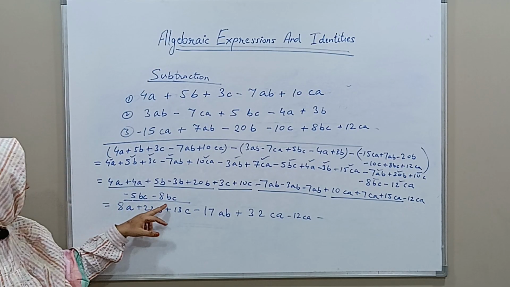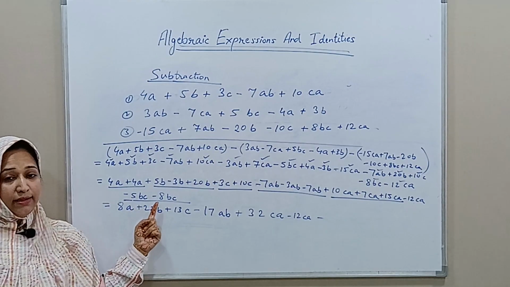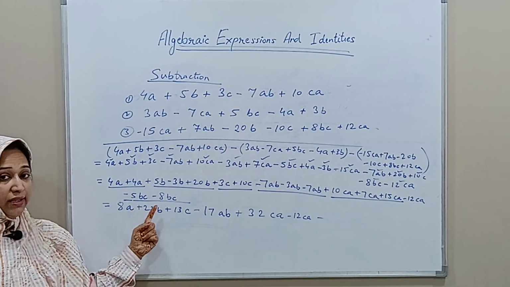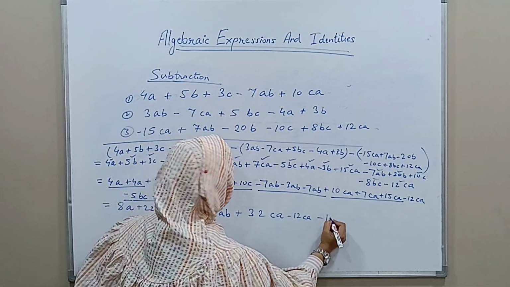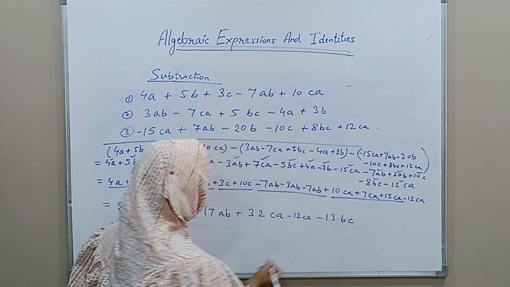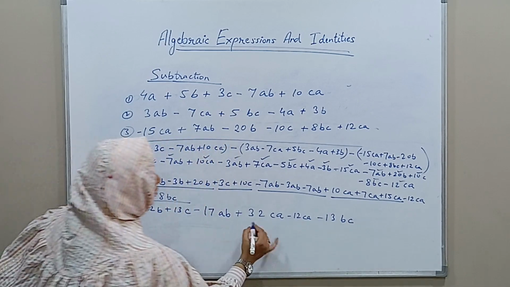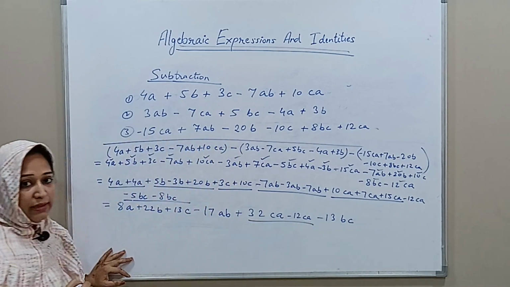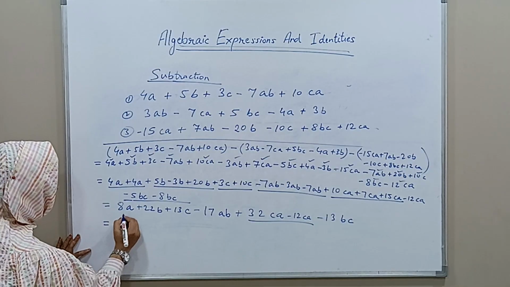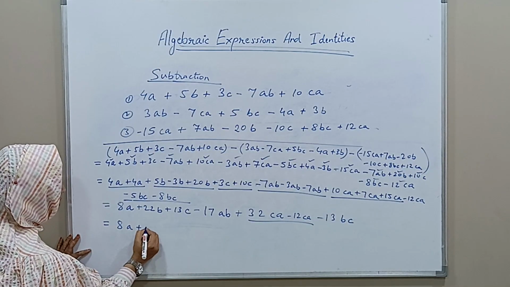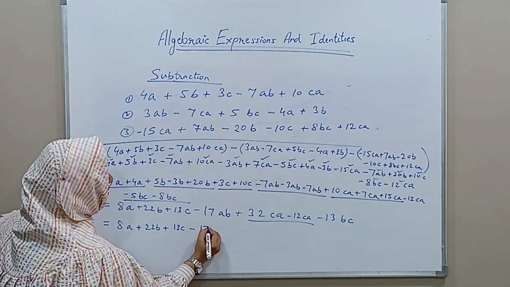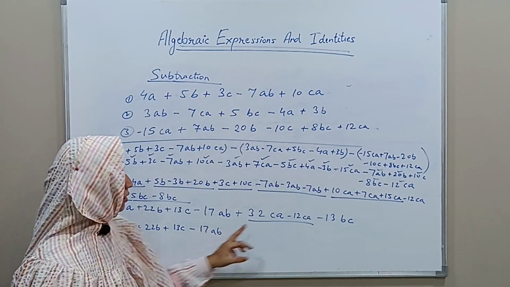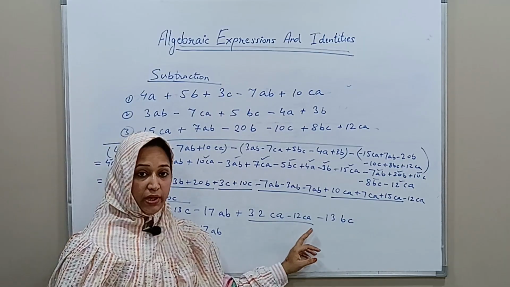Like terms bc. Minus 5 minus 8. The signs are same. So we will add them. 8 plus 5 is 13 and a minus sign. So minus 13bc. Now here we are yet to complete this calculation. So we will increase one step. 8a plus 22b plus 13c minus 17ab. Now ca: 32 minus 12.